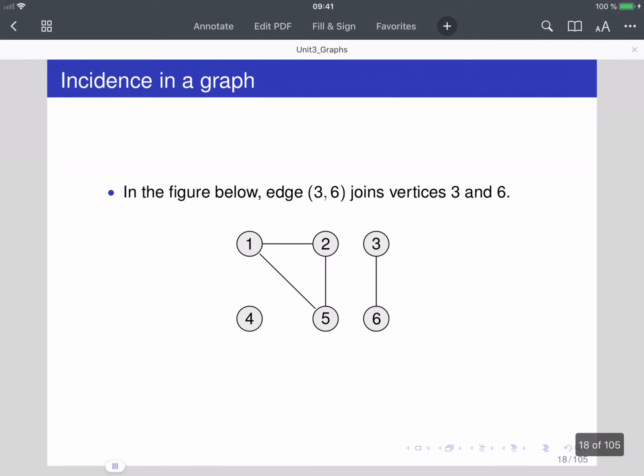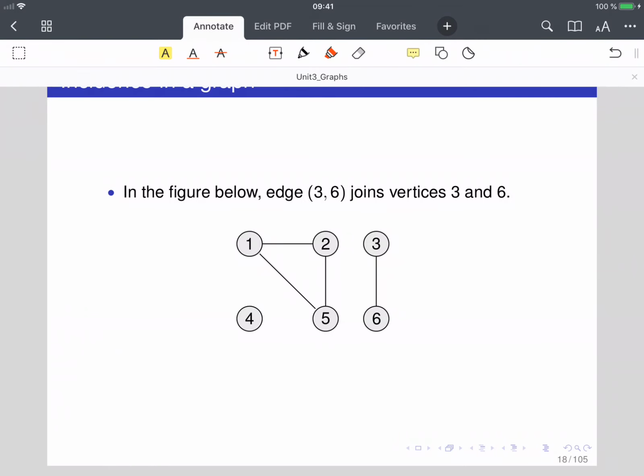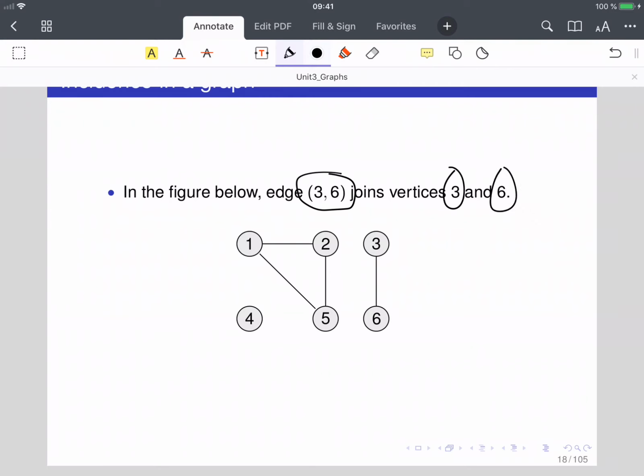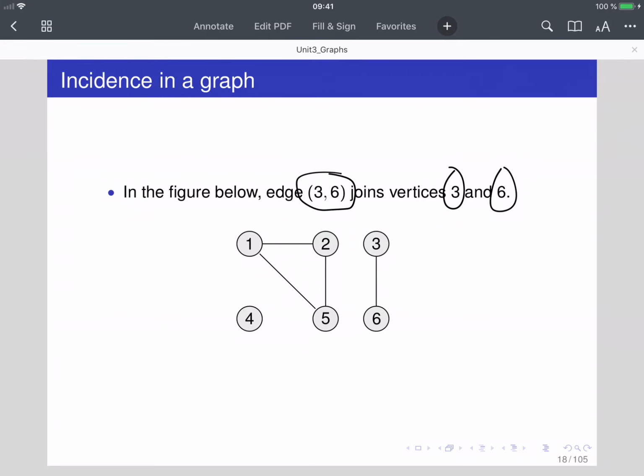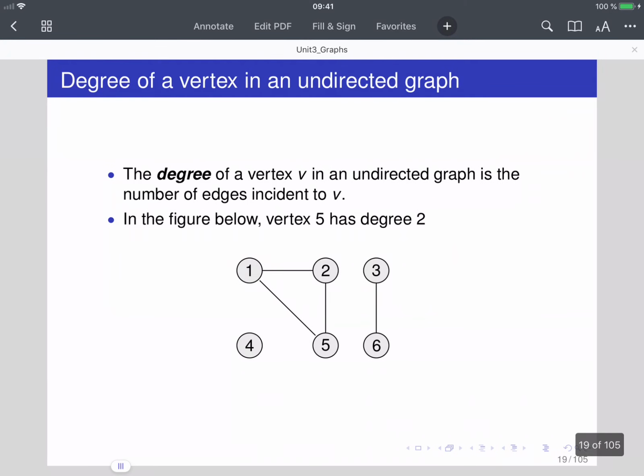In this case, we have a non-directed graph, and we are going to focus on edge 3,6, which joins vertices 3 and 6, and both vertices are the endpoints of this edge. Again, very easy.